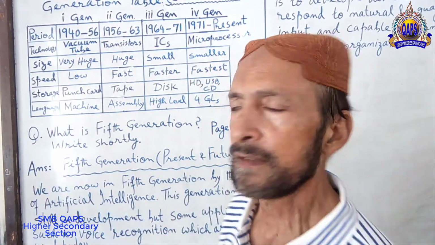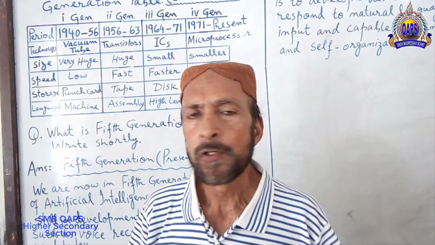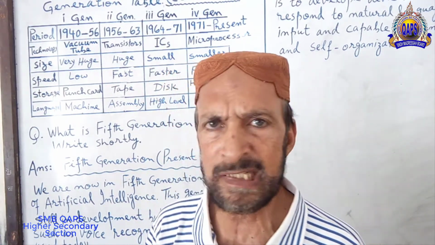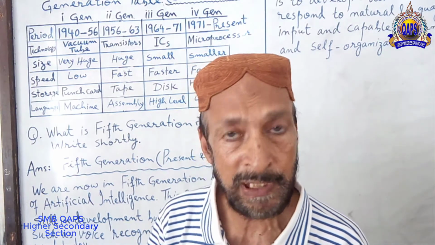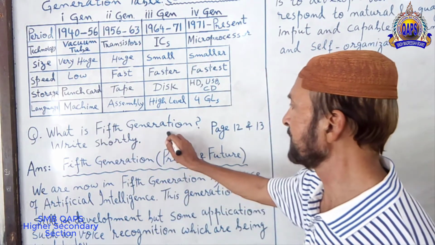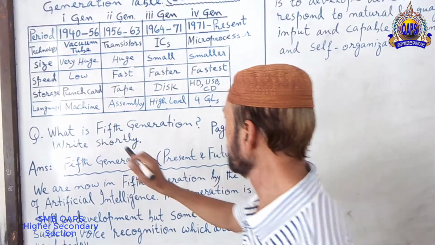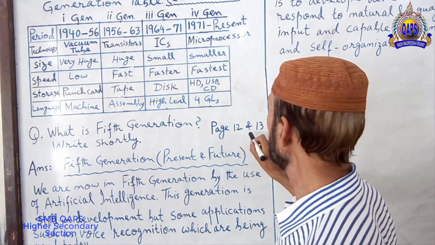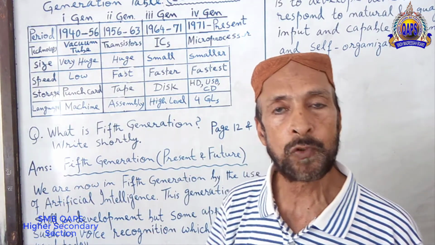Now, the question is: what is fifth generation, and what is the difference between fourth generation and fifth generation? See, what is fifth generation? Write shortly. Read pages 12 and 13 of your computer book.